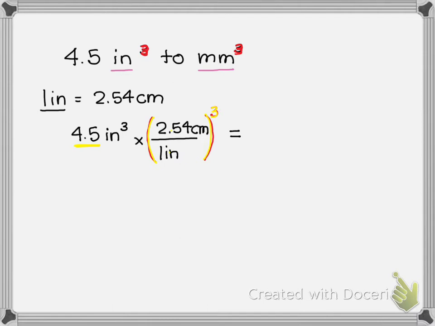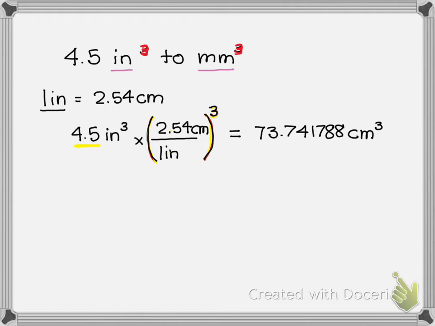And the answer that I am coming up with for this step is 73.741788. The units would now be centimeters cubed. So I'm just going to rewrite this so we can see it. So now I have centimeters, and I need to know the relationship.